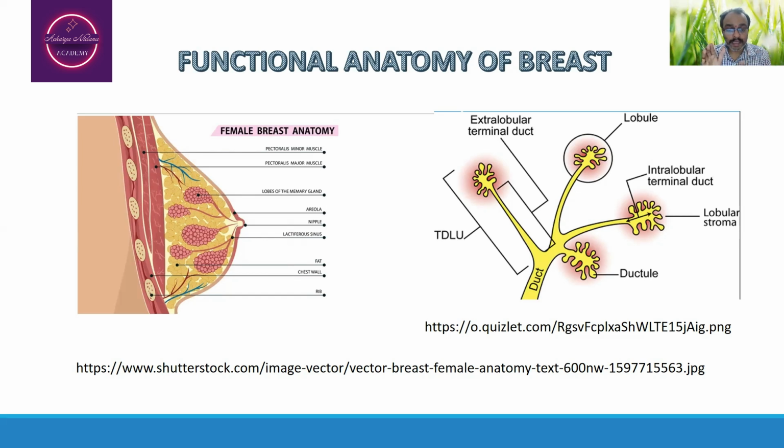This will be coming into the nipple during the lactation, after the parturition. This is what we can say about the functional anatomy of the breast as such. So that will be responsible for the milk production after the delivery.